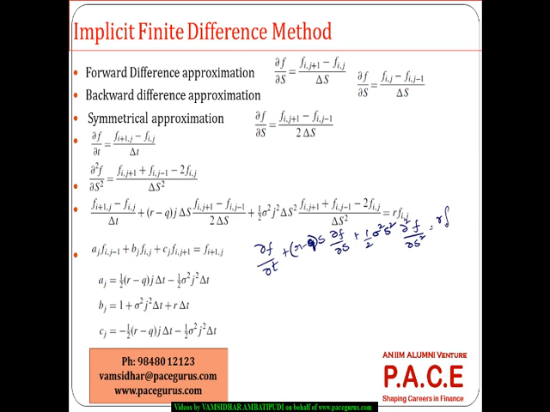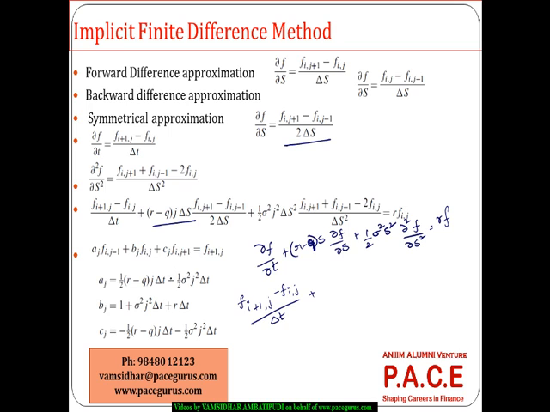Now this is where we are bringing in dou f by dou t as f(i+1, j) minus f(i, j) divided by delta t, plus (r minus q) j delta s times the difference in f across j, plus half sigma squared j squared delta s squared times the second difference, equal to r f(i, j).